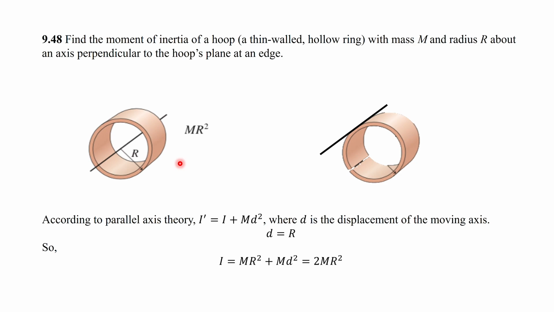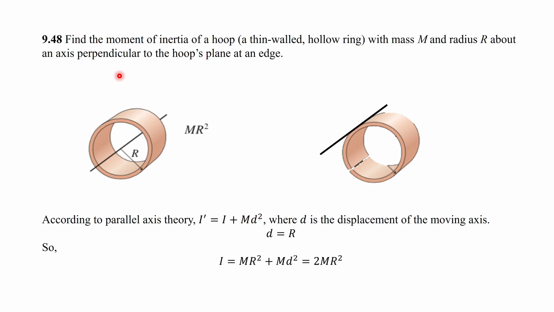But how large is the change? We have the theorem here. If the axis moves parallel to somewhere else, and the moving distance is d, then the final moment of inertia is equal to the initial moment of inertia plus the mass of the object times the distance the axis changed, squared.